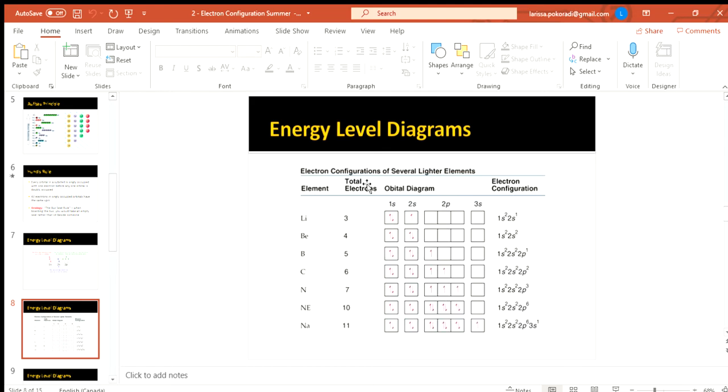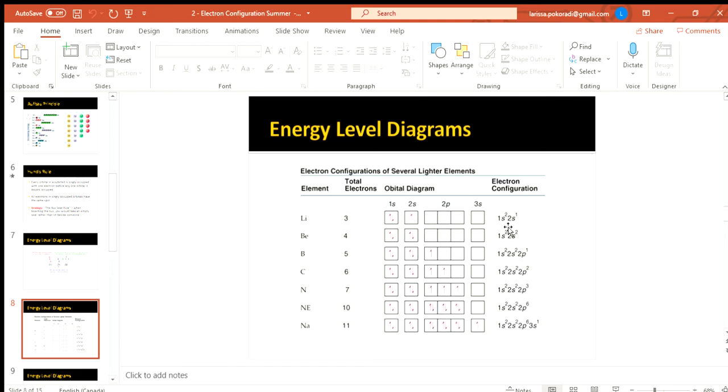So there is our energy level diagram for a whole bunch of different elements. The arrows will also equal what element number we've got going. It's a lot of work to draw all of this. So you're probably looking at this electron configuration instead, which is our second way of doing things, which will be a little bit easier.